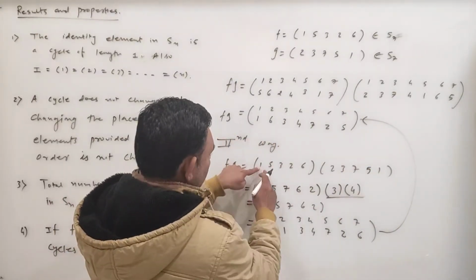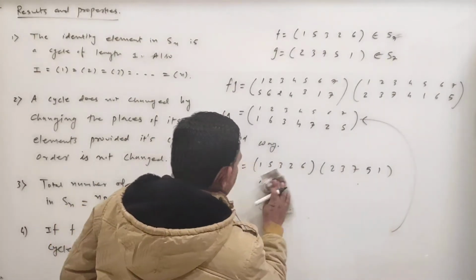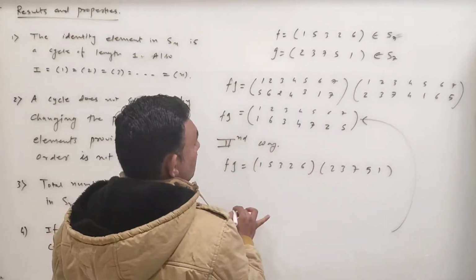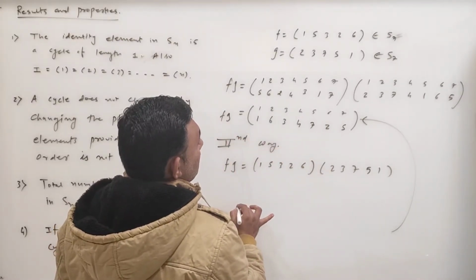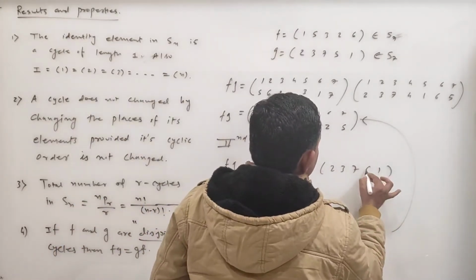Then say 1 goes to... okay. So let me rewrite again. Fine, okay. Let me consider it in this way. This is 6.